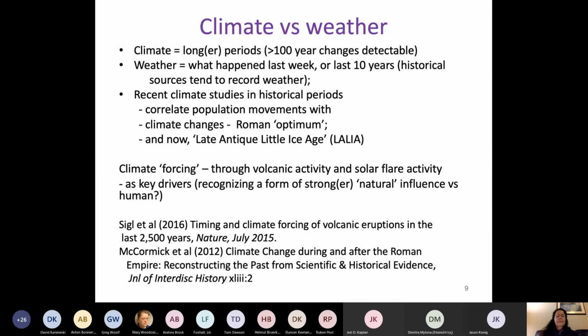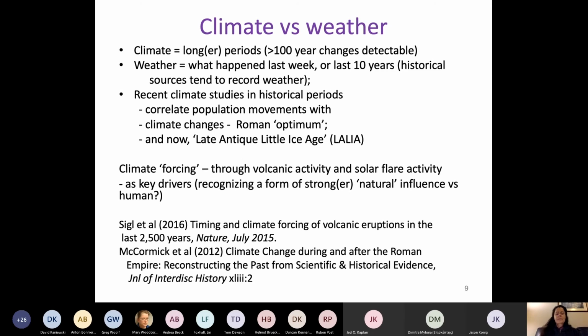But more recently, we've had some great integrated studies, and not only the ones that Jed spoke about, but I like McCormick's work in particular, trying to synthesize things that were happening in the Roman period, in the Roman Empire, along with the various kinds of climate proxies.